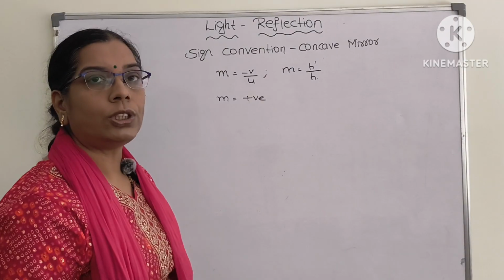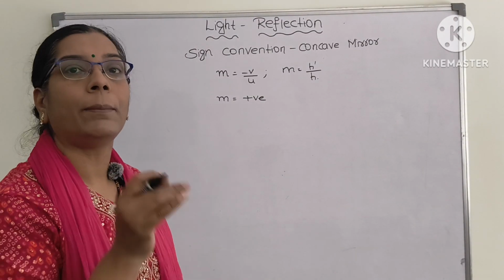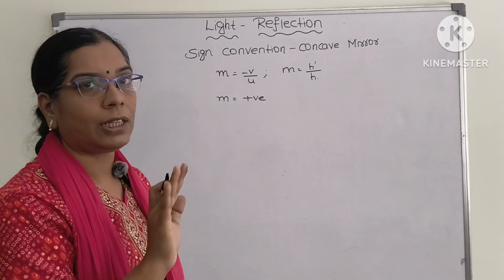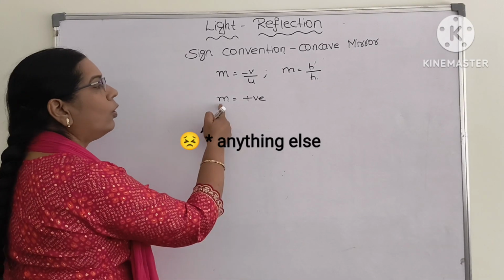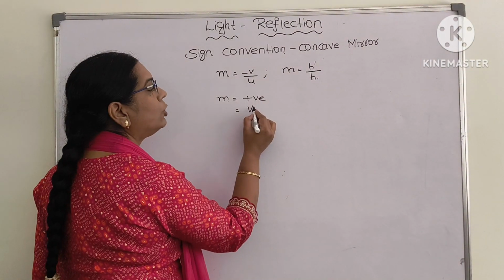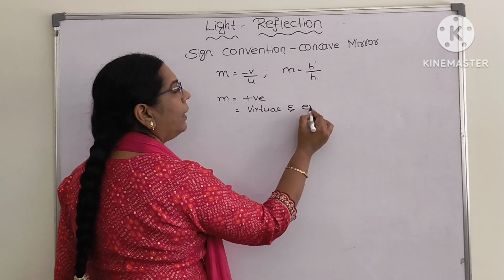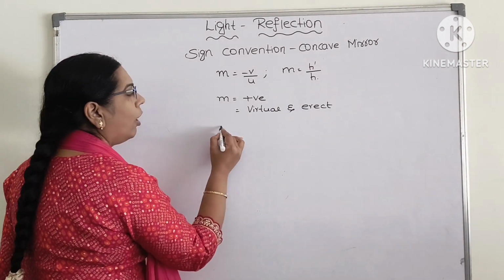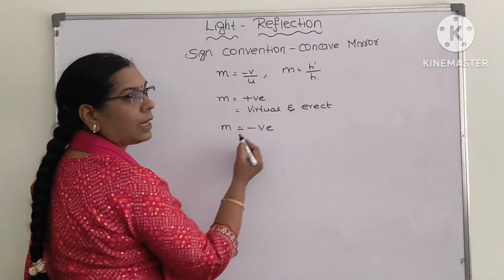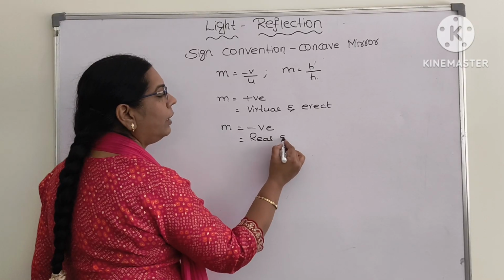I already told you, children, that the positive and negative sign in numericals of light means whether they are real image or inverted image. It doesn't mean anything else. So, when magnification is positive, it means it is a virtual and erect image. When after solving, you get a negative sign for magnification, it means it is a real and inverted image.